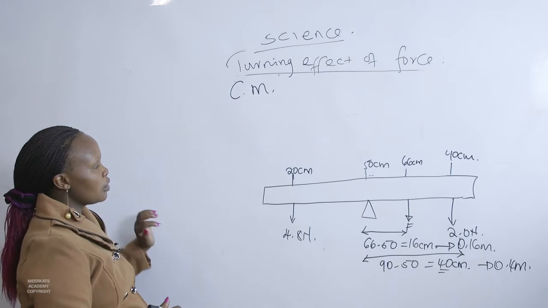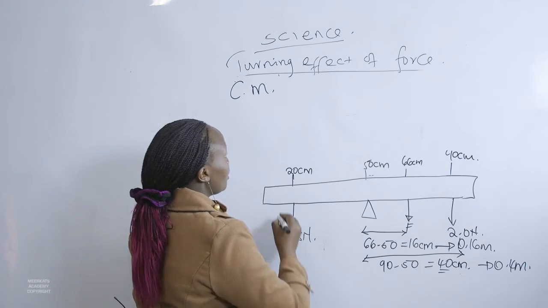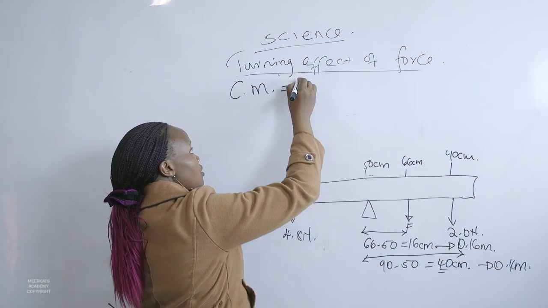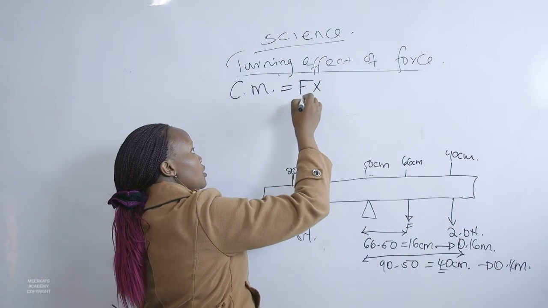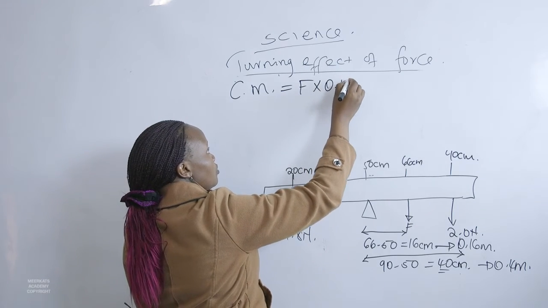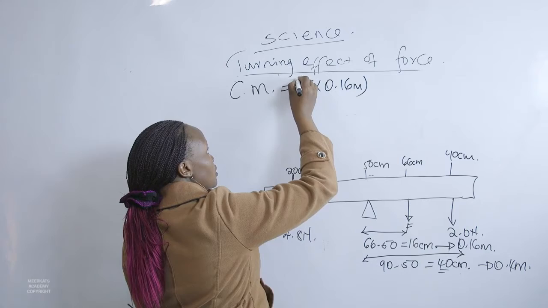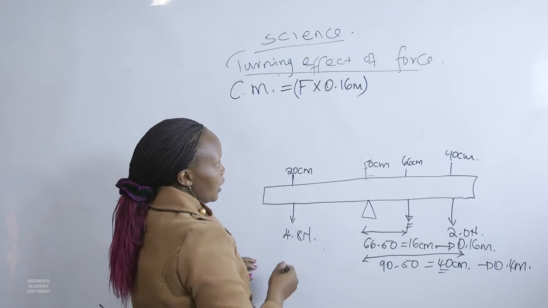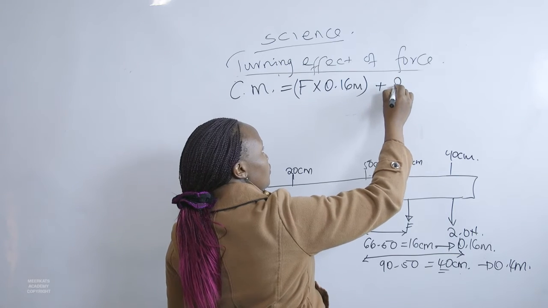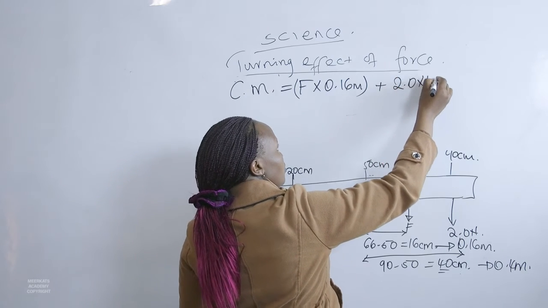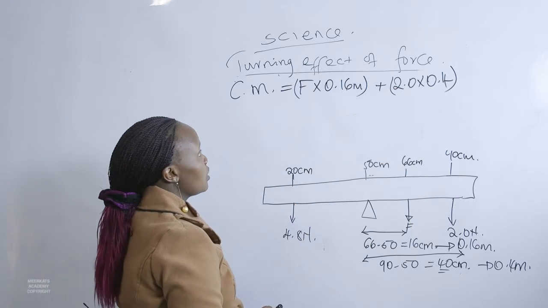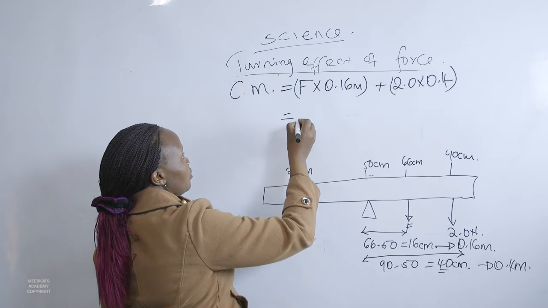Now, the clockwise moment therefore will be given by the moment due to the first force, which we want to calculate, which is force times its distance, 0.16 meters. This we add to the moment of the second force, which is given by 2.0 multiplied by 0.4, which is the distance.